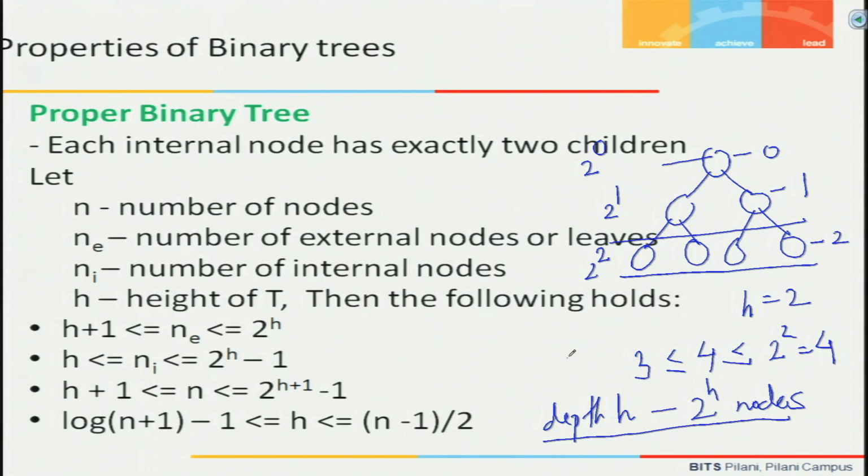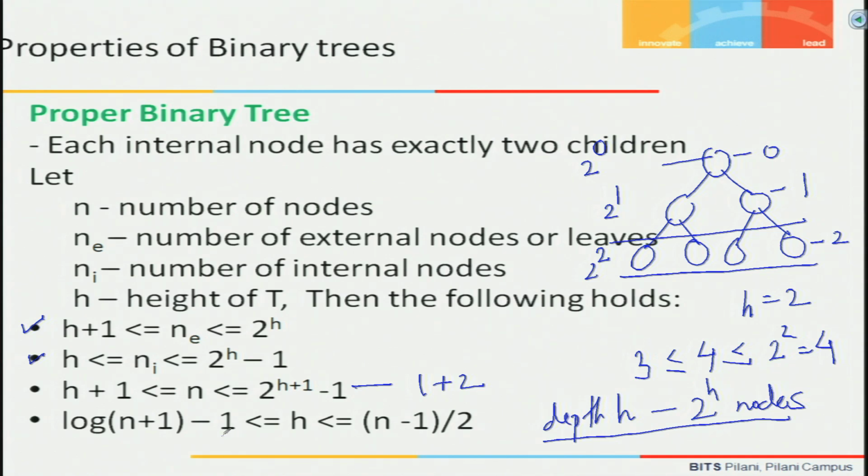We have already observed this in result 1. Once you prove result 2, result 3 is just nothing but 1 plus 2. Right. So, once you prove result 1 and result 2, you just add the two sides and you get result 3. And again, if you find the height of the tree in terms of the nodes, it is very easy to observe by using the same fact. If you look at this, the number of nodes that you can have, you can sum this up.